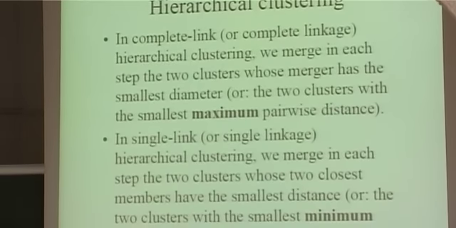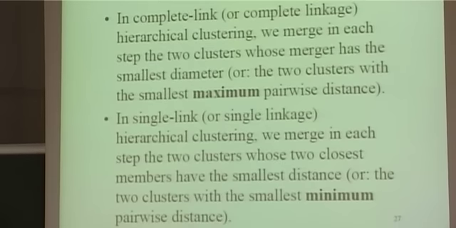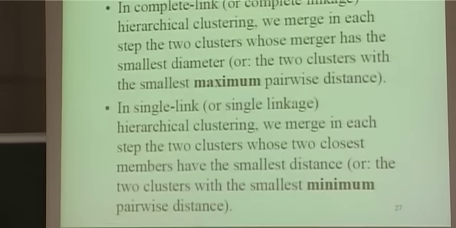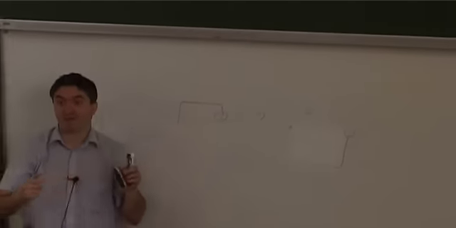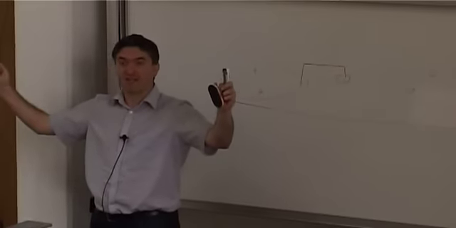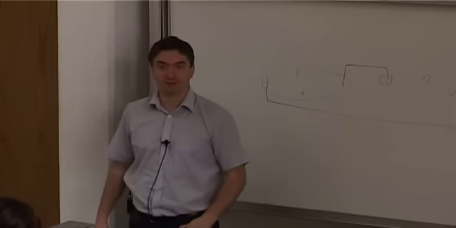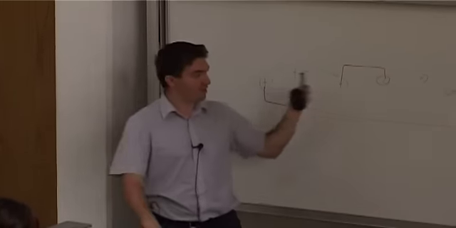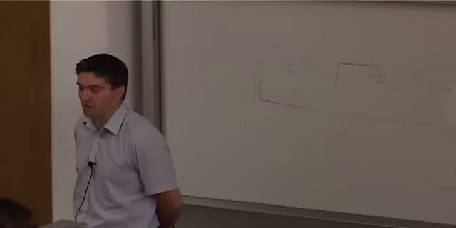I mean, at the end of the merging, we want the final cluster to have a small diameter. How do you ensure that? You select this distance which is small. I mean, you look at the farthest away points, and select two clusters which have the smallest distance. Okay, we don't want this number to be large. Our main concern is this number.